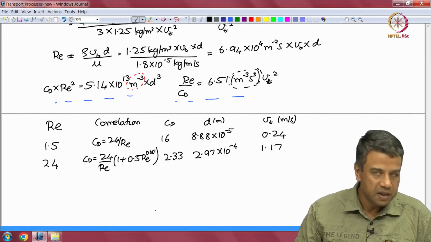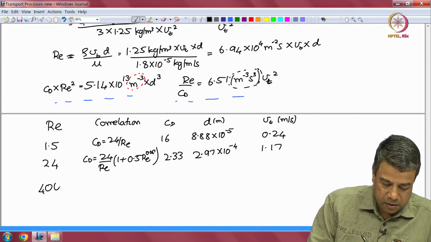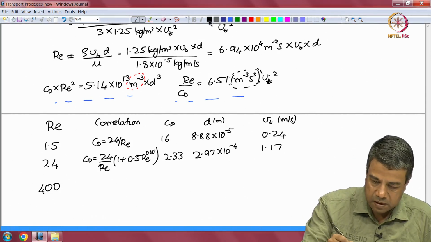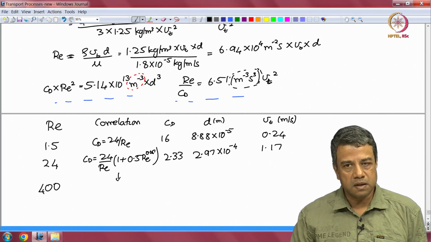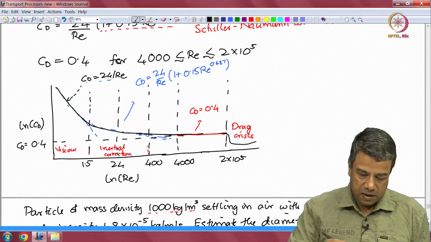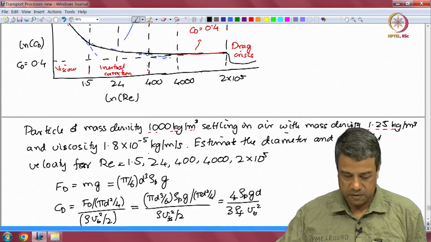Okay. The next transition is about 400. Okay. Note that at this also this same drag coefficient applies. The Schiller-Naumann correlation applies up to about 400, okay, if you recall. Up to about 400 is where the Schiller-Naumann correlation applies, in this region.